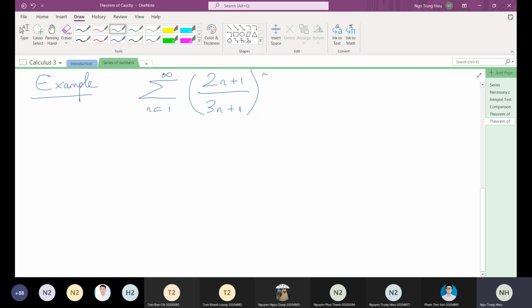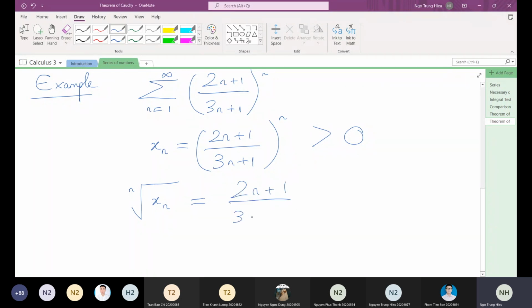So we have x sub n is (2n plus 1 over 3n plus 1) to the n. Using the Cauchy theorem, x sub n is greater than 0. We take the nth root, so taking the nth root gives 2n plus 1 over 3n plus 1.